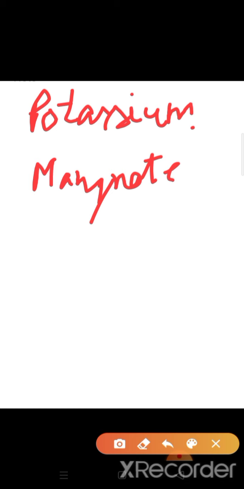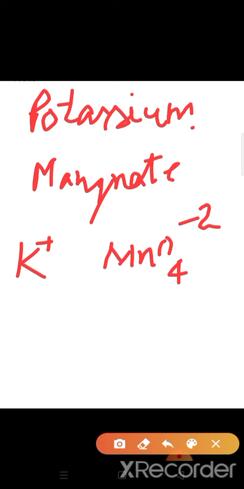What is manganate? MnO4 double negative. Its valency is 1 and its valency is 2. Then the valencies are cross transferred and the formula is K2MnO4. The formula is K2MnO4.